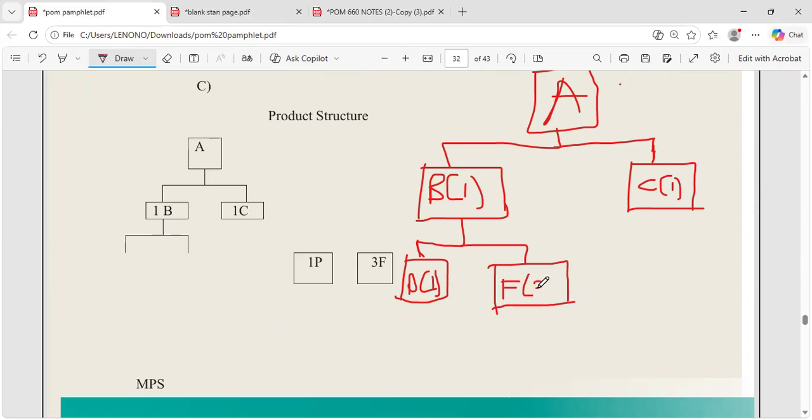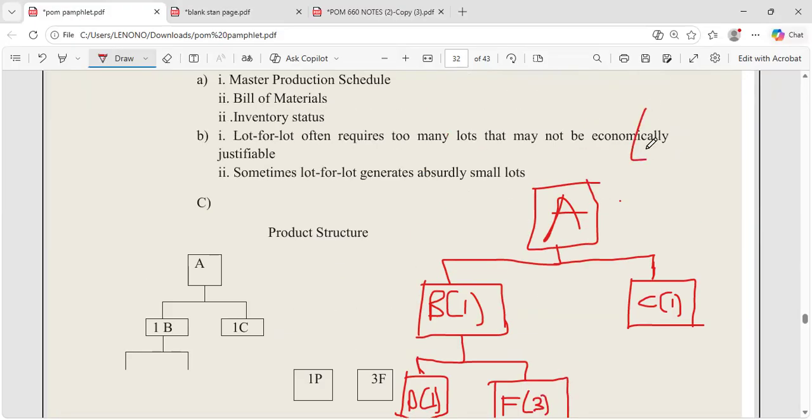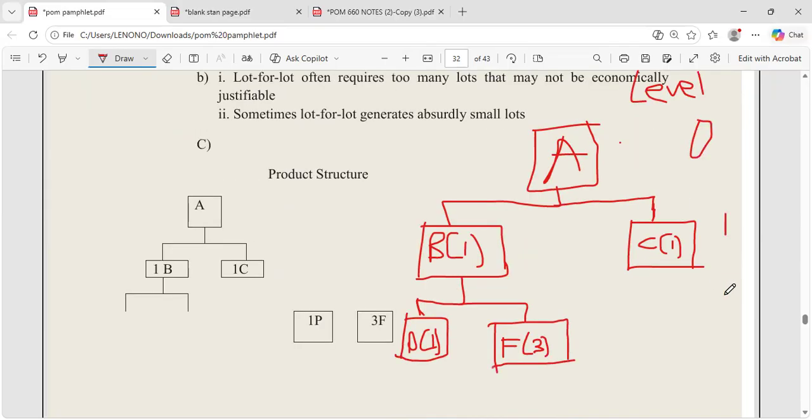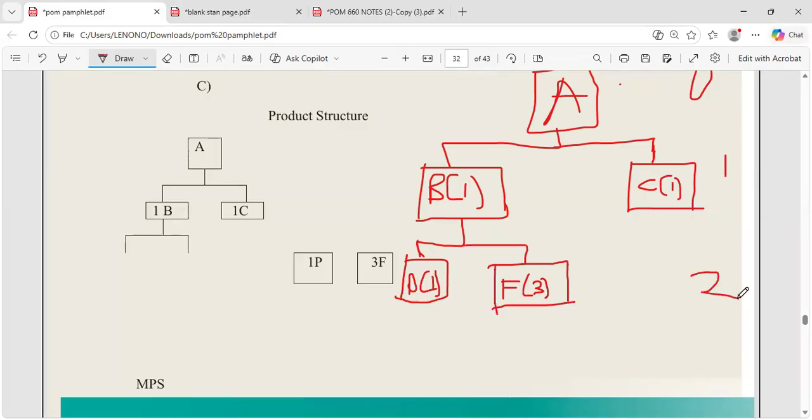So this is our structure. You start getting marks from here in an exam. So this one will be level 0, 1, and 2. Is that okay? Yes, please. All right.